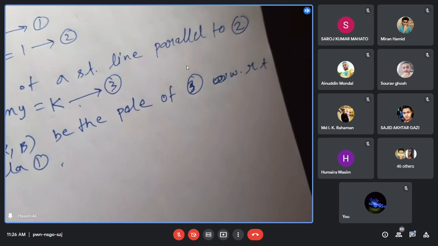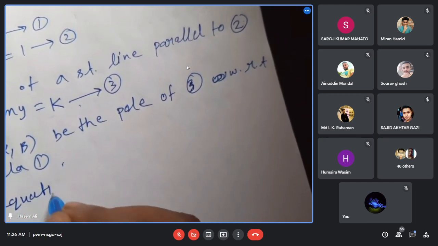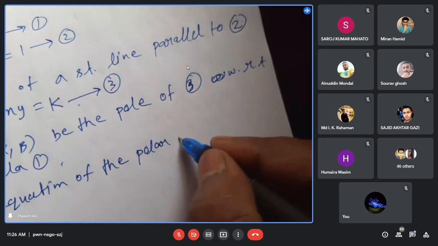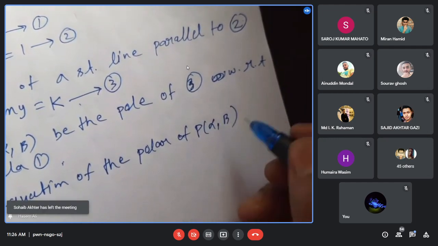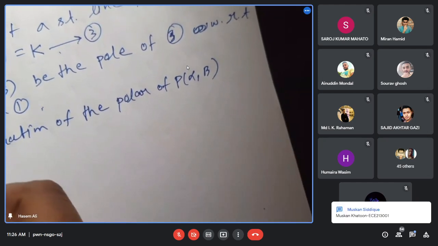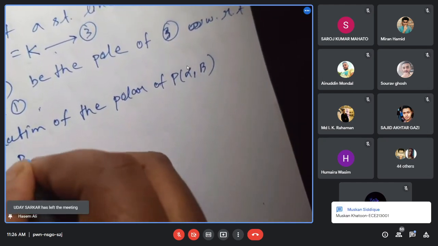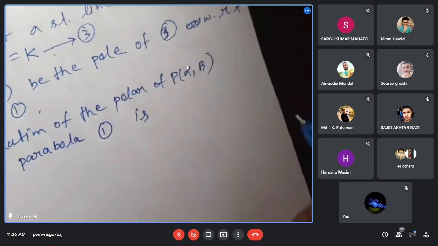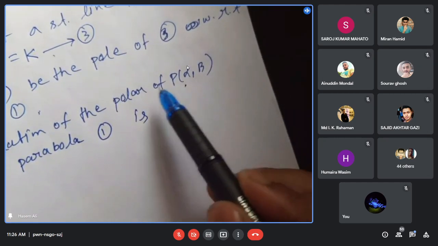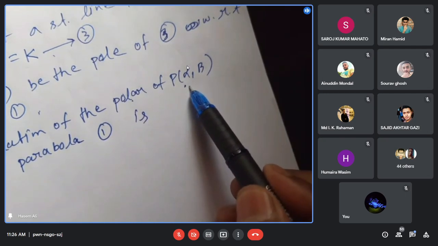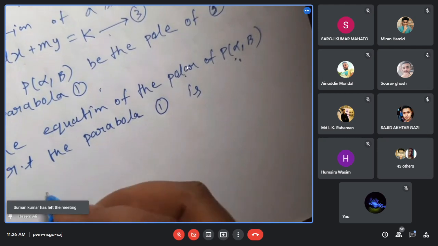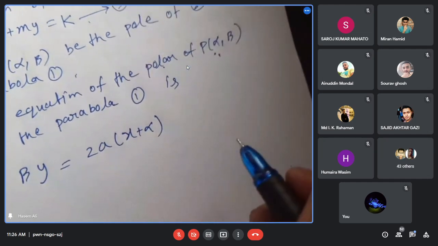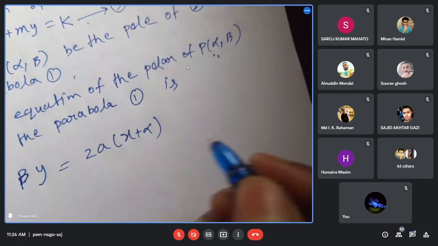Now the equation of the polar of P(alpha, beta) with respect to the parabola 1 is beta y equals 2a into x plus alpha.